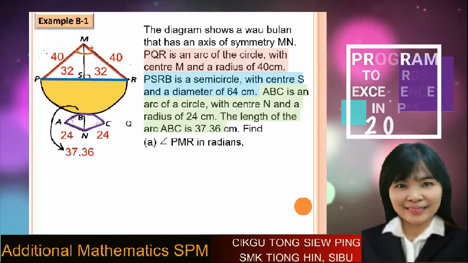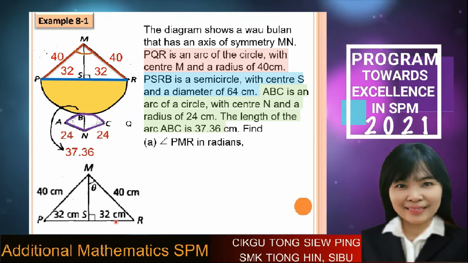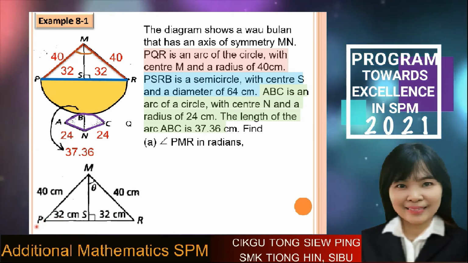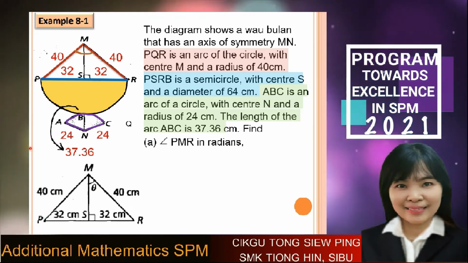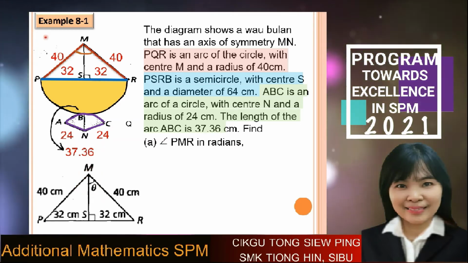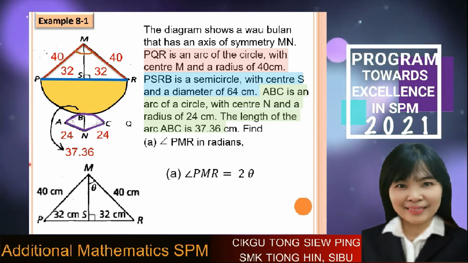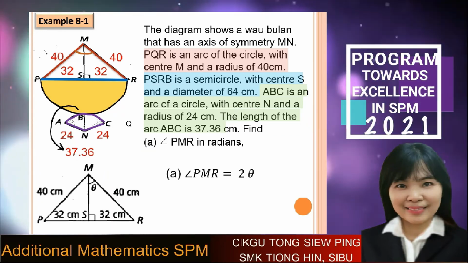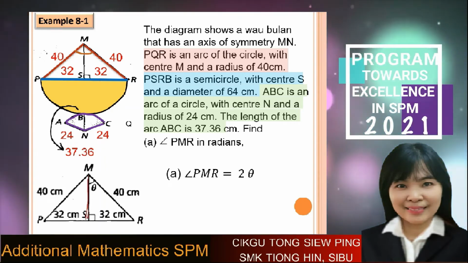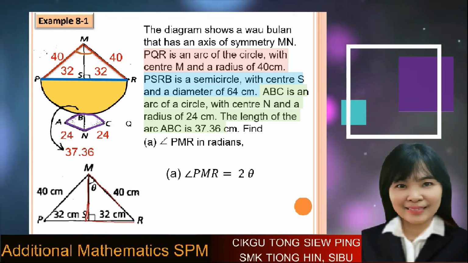That is this angle. We look at this triangle. I divide the triangle PMR into two right angle triangles. Then I let this angle be theta. Angle PMR will be equal to 2 theta. Now we look at this triangle. This is a right angle triangle.